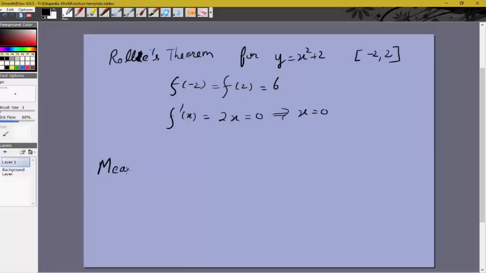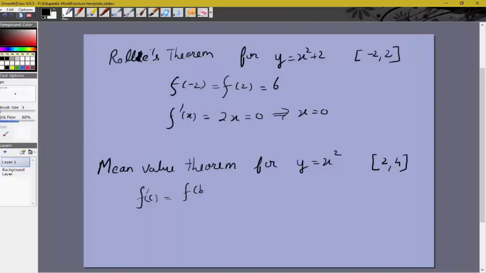Let's see the mean value theorem for y equal to x squared between 2 and 4. So we know that there must be some point c such that f'(c) is f(b) minus f(a) by b minus a, which is, if we put in 4, 4 squared is 16 minus 2 squared is 4, divided by 2, that is 6.